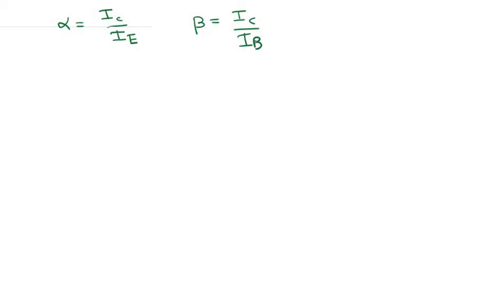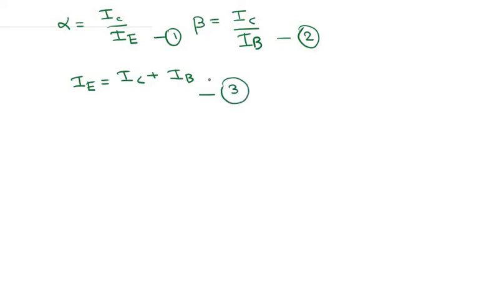So no matter in which configuration we are using our transistor, this alpha and beta are basically fixed for a given transistor, and we know that IE is equal to IC plus IB, and from these three relations we can derive a relation between alpha and beta.